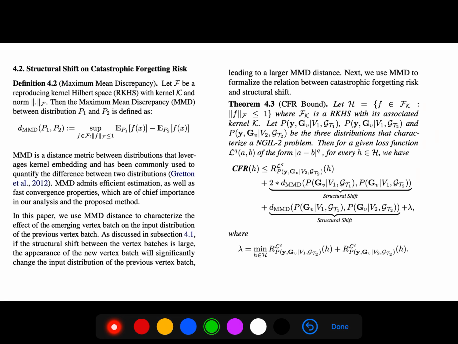And so, you know what is maximum mean discrepancy? They use this maximum mean discrepancy for this CFR bound. And F is a reproducing kernel Hilbert space with its associated kernel K. And then there is an upper bound on this CFR, which is a structural shift.